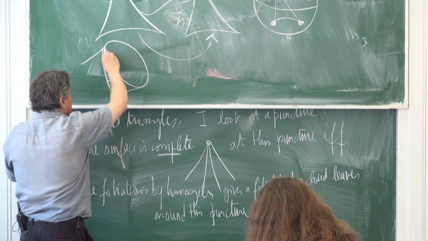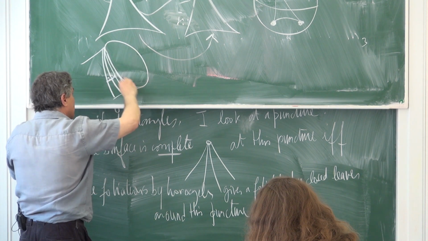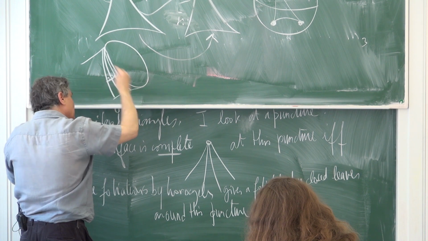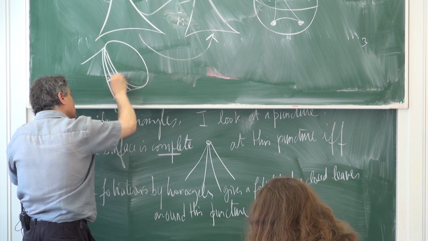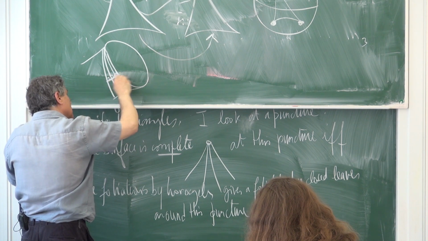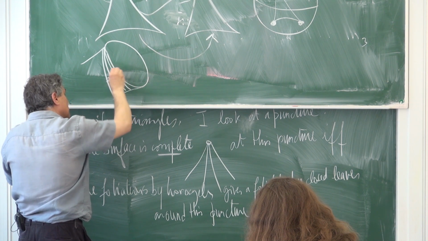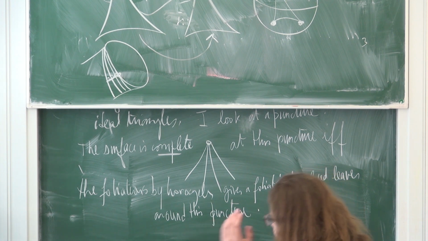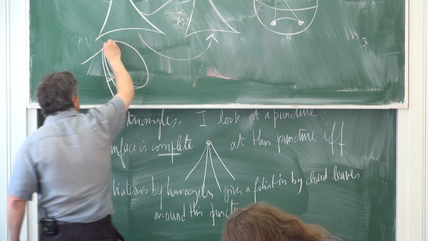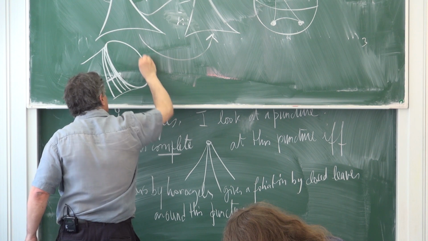And then when I come back here, I glue it to a piece of horocycle which is exponentially smaller, and so on. This curve, constituted of pieces of horocycle, is going to infinity with finite length, and this is what I get. I get this picture here.